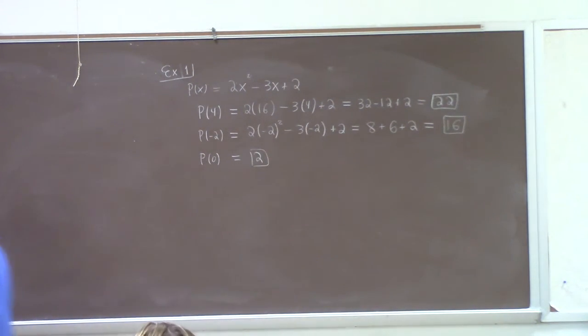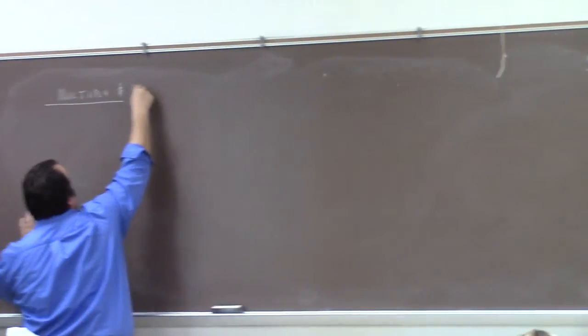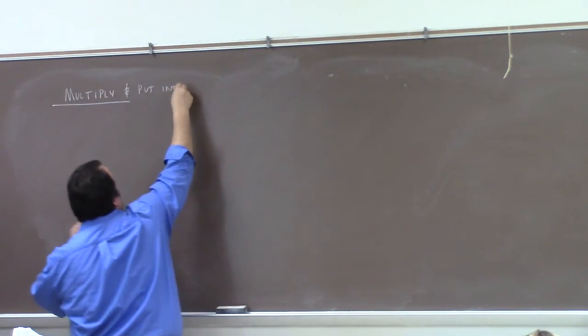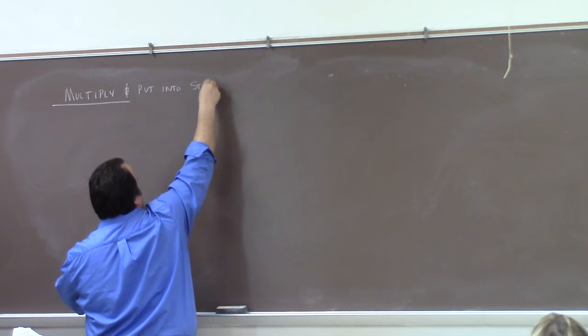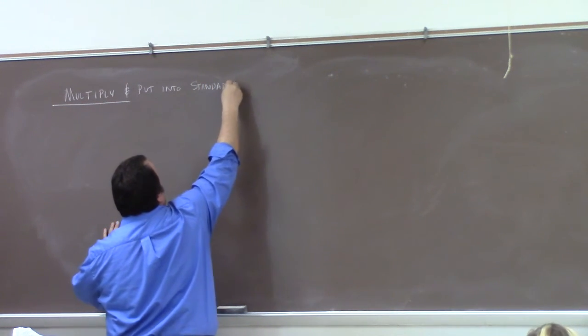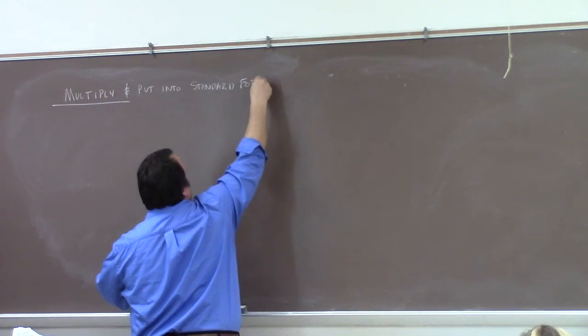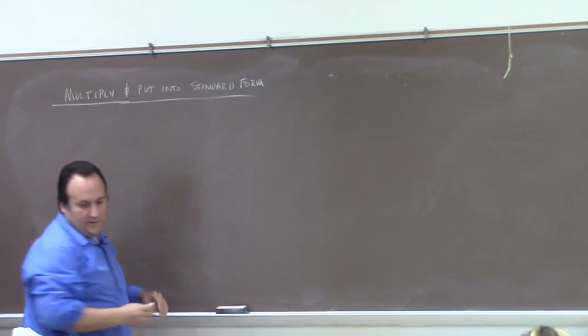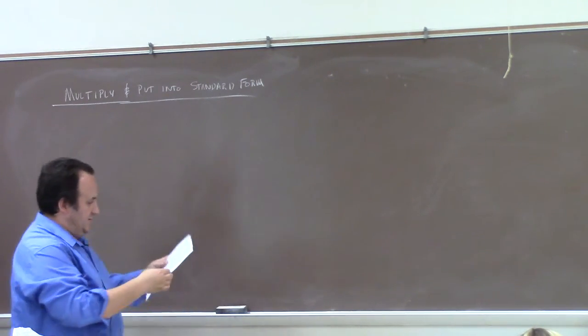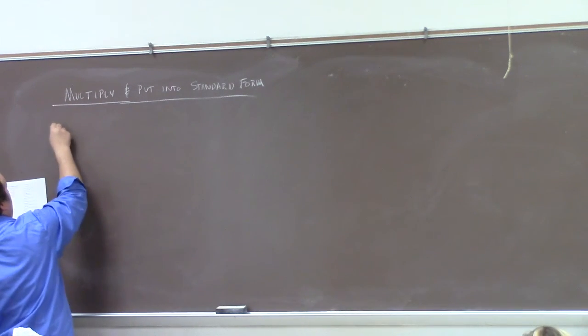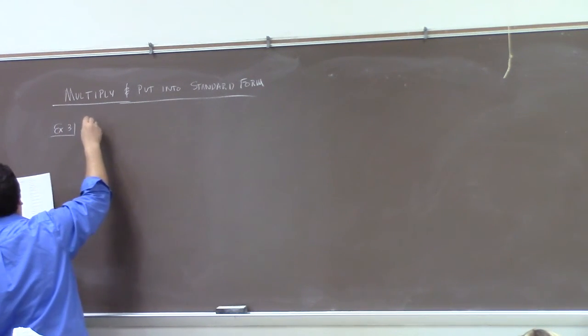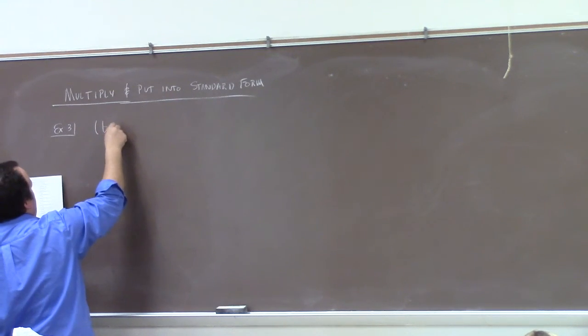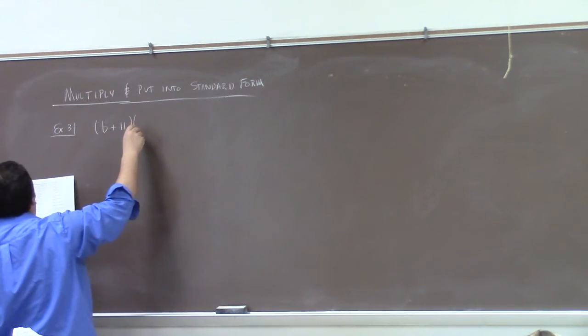Okay, let's move on. I'm going to speed up the pace in here a little bit. Let's multiply and put into standard form. All right, so let's do exercise 3, which is b plus 11 times b minus 9.